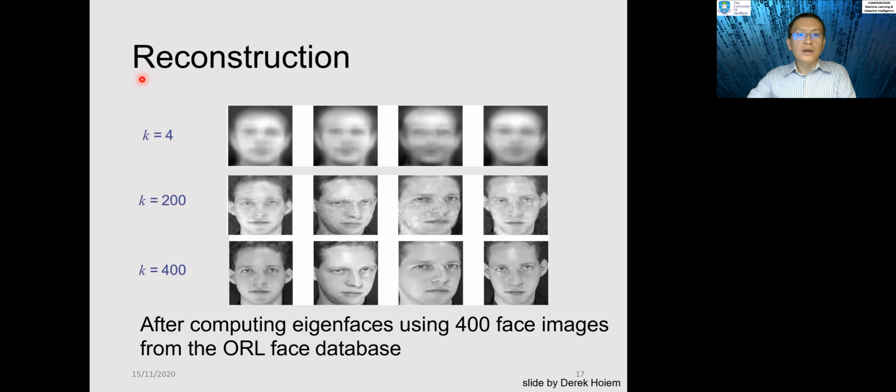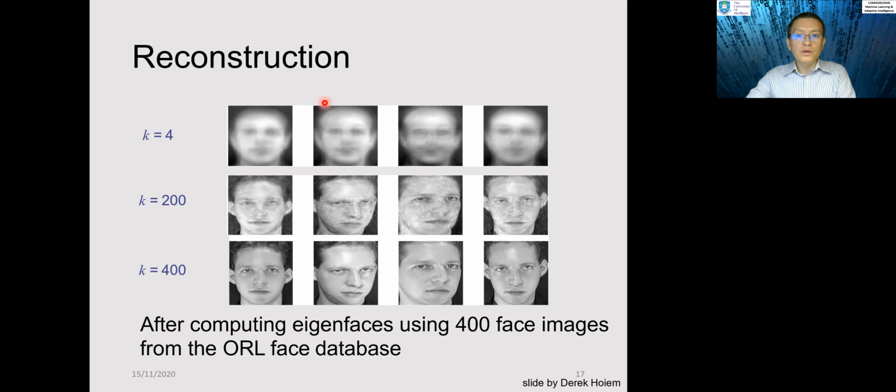So here is an illustration of how the reconstruction performs when we use more and more eigenvectors. This is the reconstruction using just 4 eigenvectors. And when we use 200 eigenvectors, we can already see the face more clearly, right?